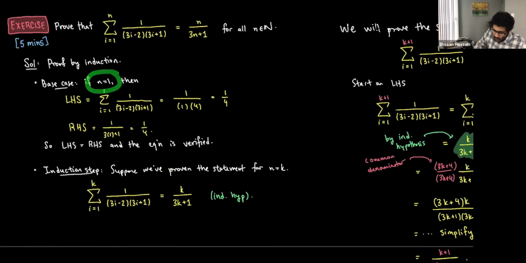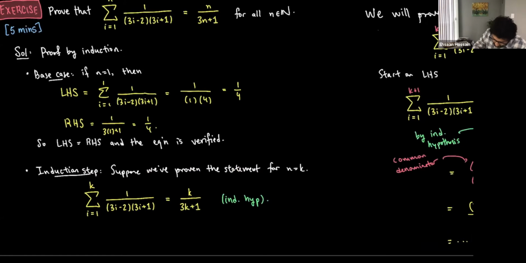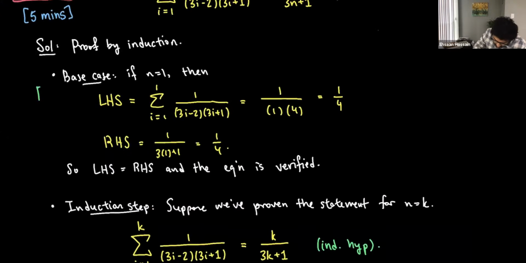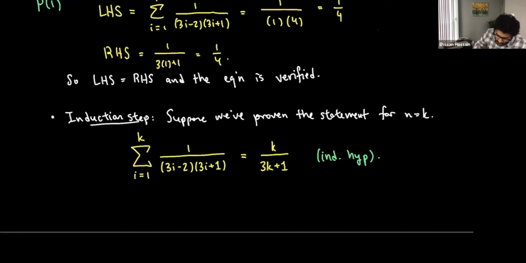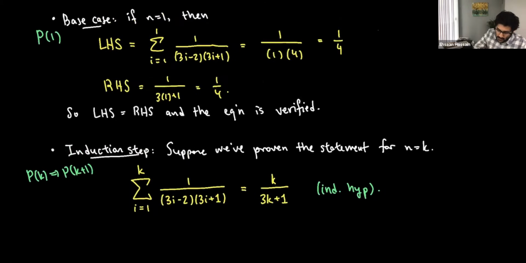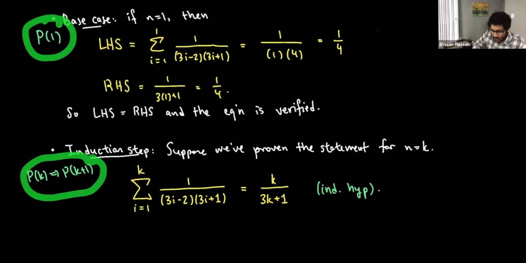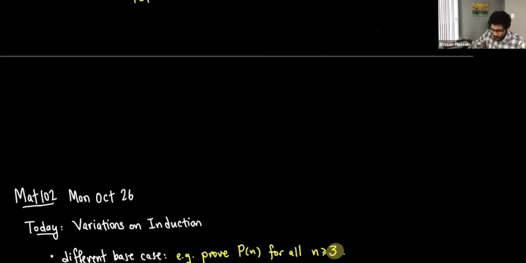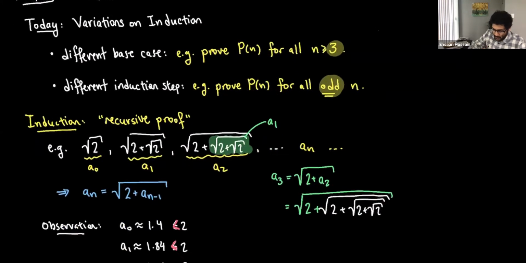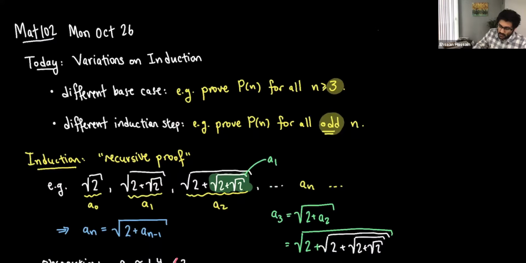The base case is P of 1, and the induction step is proving that P of k implies P of k plus 1. If these two things are different, then you've got to use a variation on induction. So that's what I want to talk about here, variations on induction.